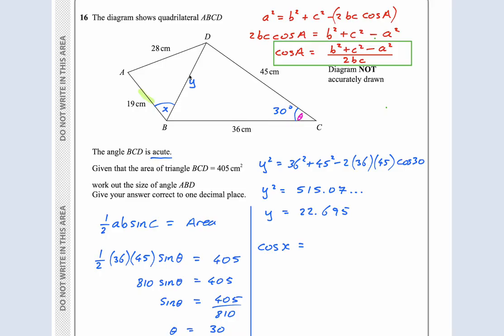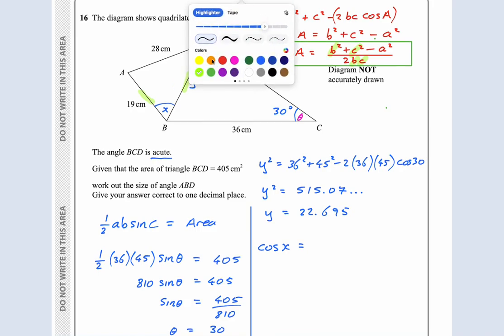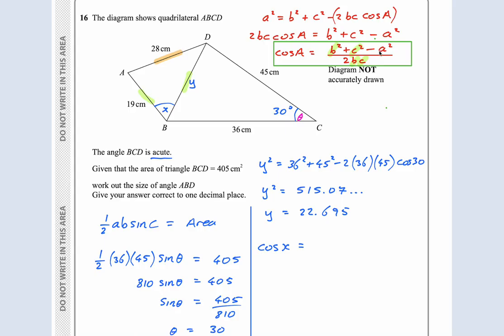This and this is B and C. And then the opposite side, this one, is A. Okay, so b squared plus c squared, 19 squared plus, and now I have y, it's 22.695 squared, minus a squared, that's my 28 squared, all over 2bc, which is 2 times 19 times 22.695.